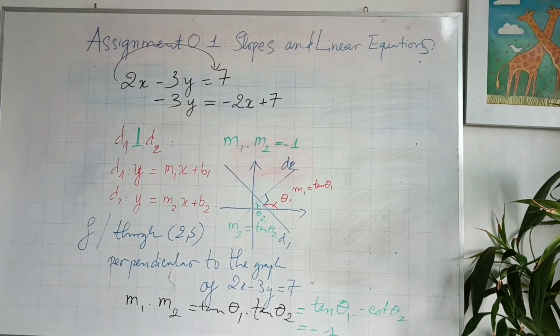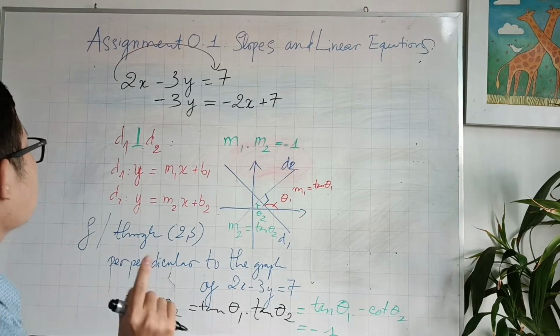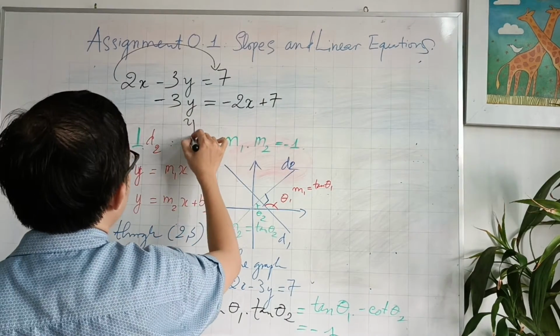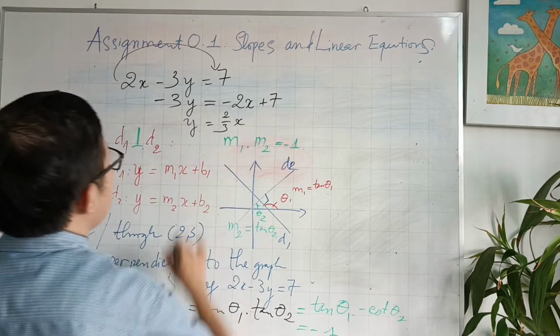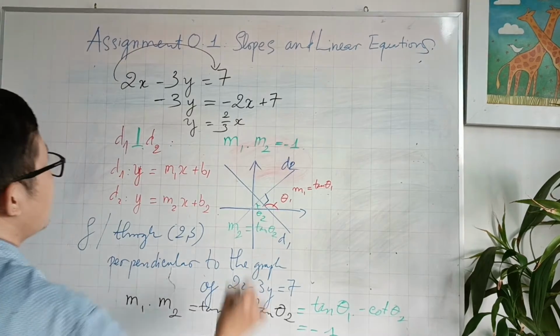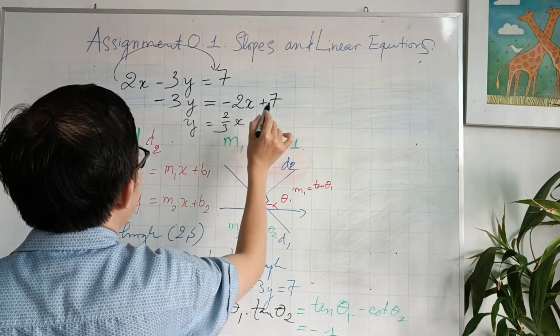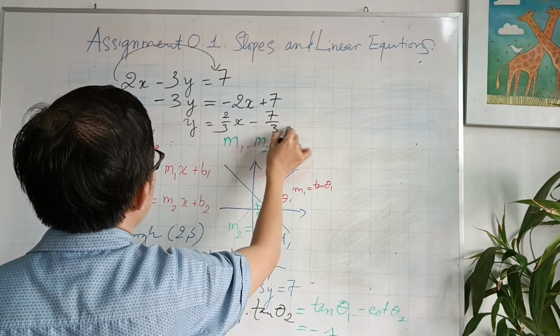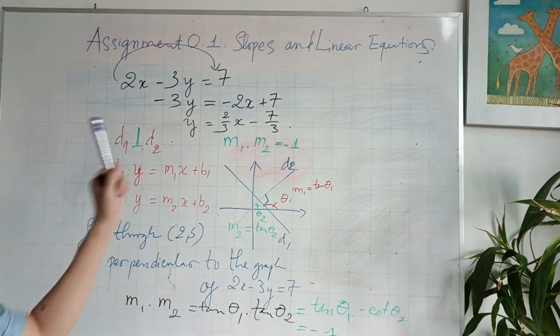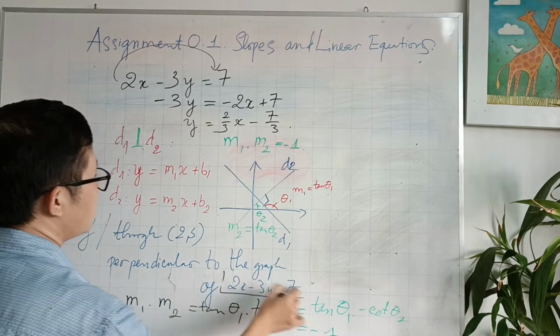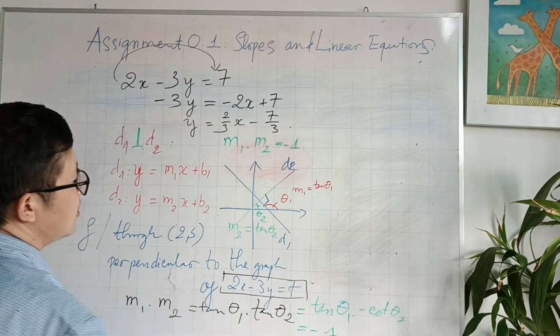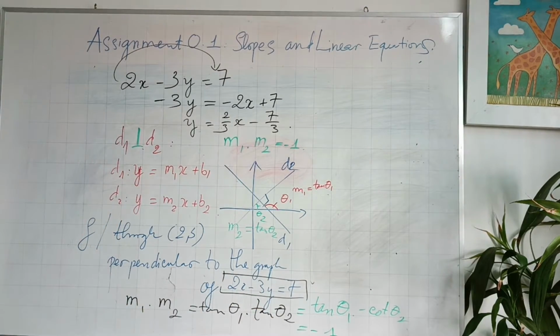Divide both sides by negative 3. We have y equals 2 over 3 x minus 7 over 3. Yes, it is the slope-intercept form of the line with equation 2x minus 3y equals 7.